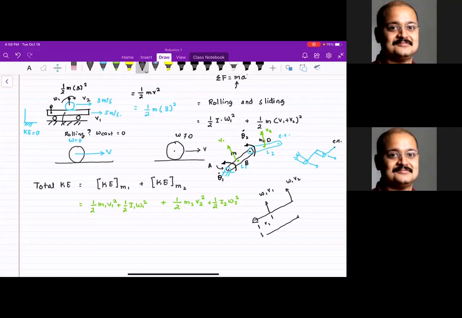Now, what about omega 1? Remember how we derived omega 1? It was the rotation matrix R0 multiplied by 0 0 theta 1 dot, and this gave me omega 1 as theta 1 dot. This is what we did in last class. Omega 2, how did we do omega 2?